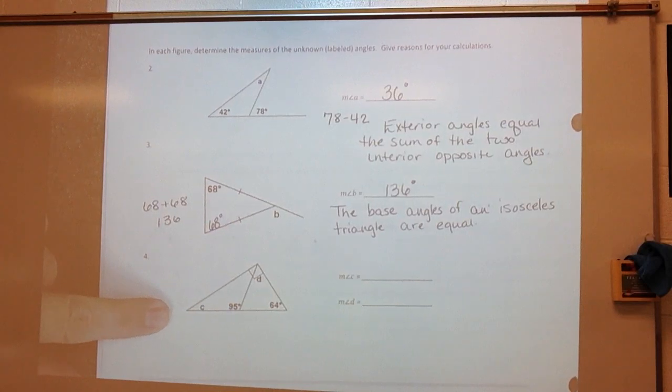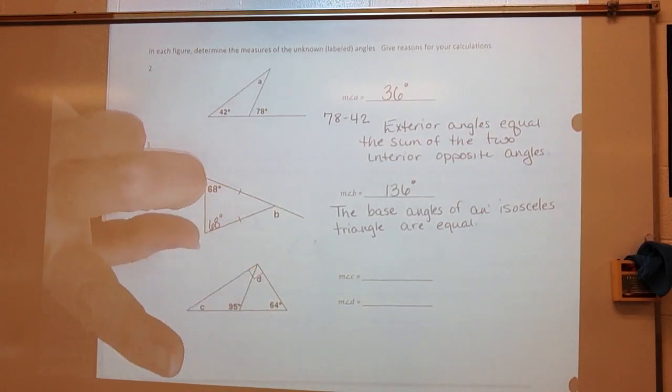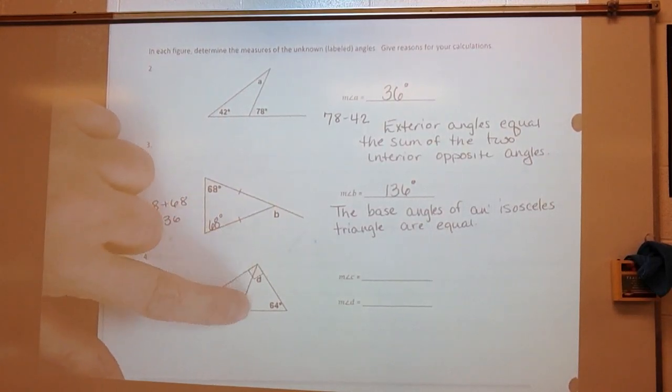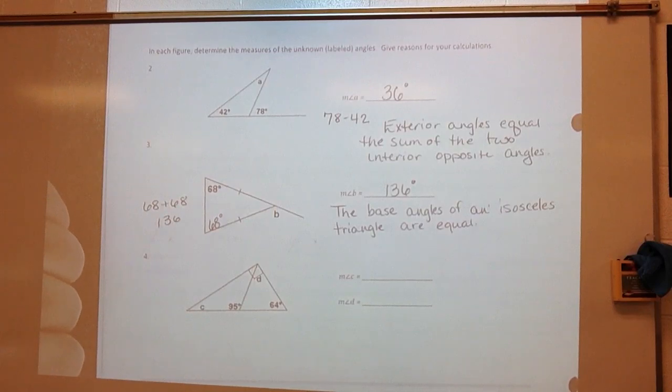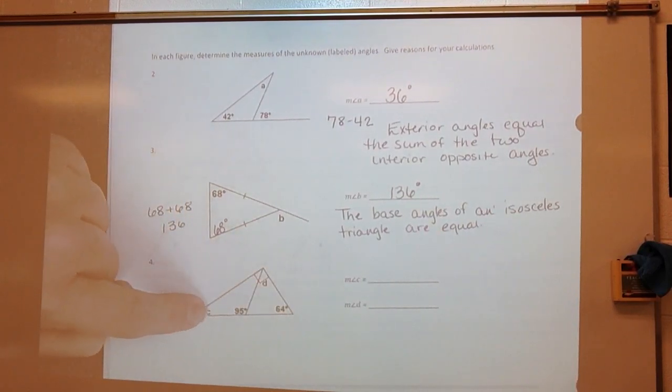Look at number 4. Number 4 looks a little confusing, but it's really not. Look at what you know. This is a right triangle. Take that middle line out for just a moment. Let's pretend it's not there. If this is 90 degrees and this is 64 degrees, how would I find this measure of C?